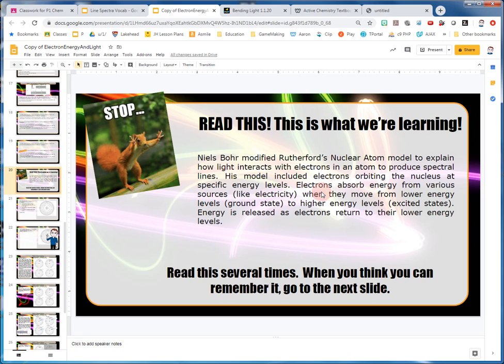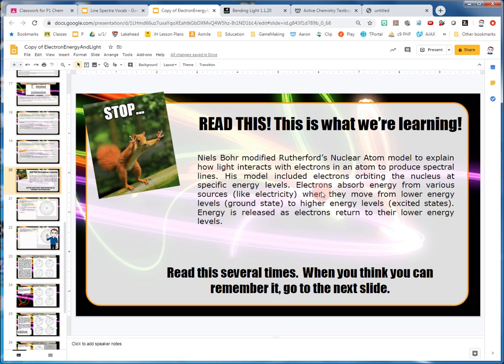But they don't really want to stay there. Remember, they want to be close to the nucleus. They don't want to stay far away from the nucleus. So, as soon as they can, they're going to come back in towards the nucleus. And just like they absorbed energy when they moved away from the nucleus, now as they move toward the nucleus, they emit energy.